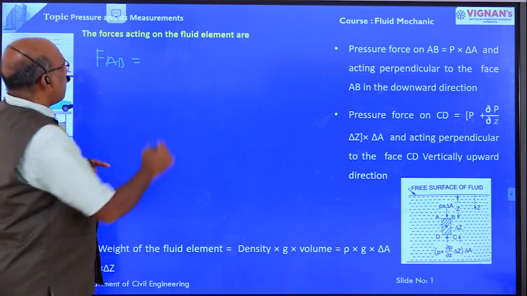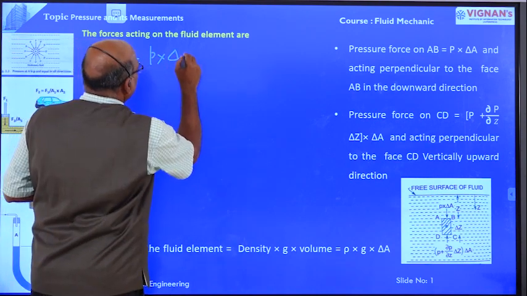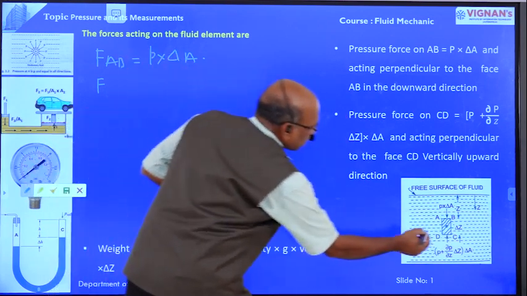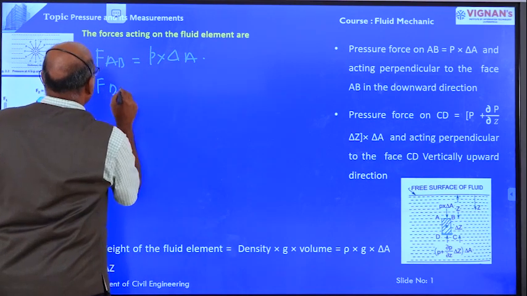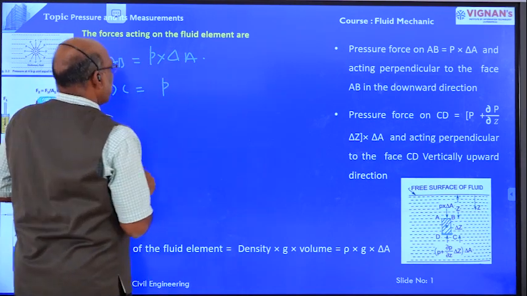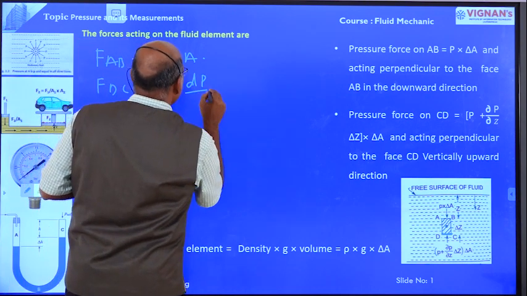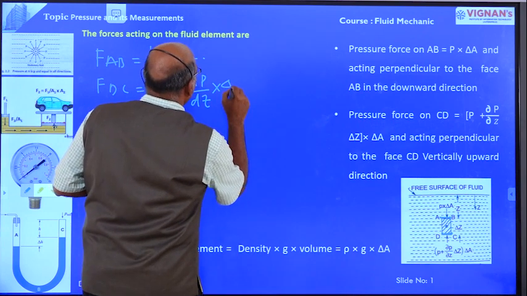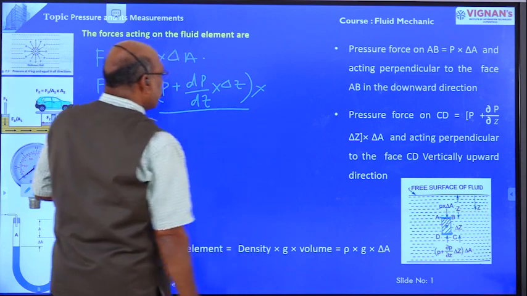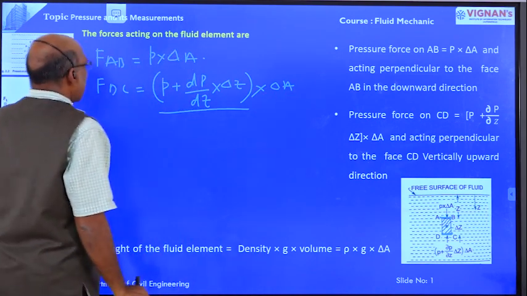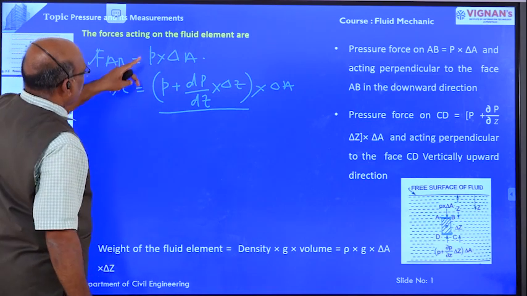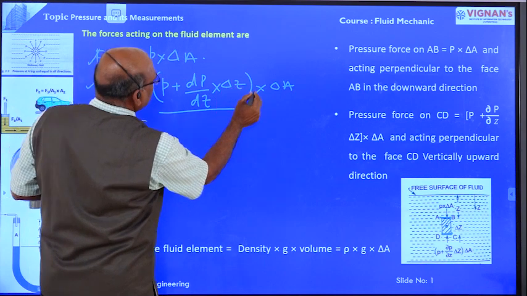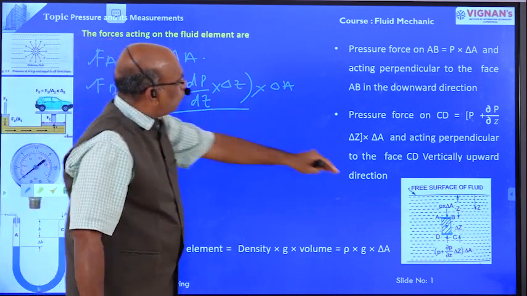The pressure intensity on face AB is small p into area delta A. Then force acting on face DC is equal to the pressure intensity on face AB plus the differentiation of pressure with respect to Z into the distance from face AB to face DC, that is delta Z, into the area delta A. So the force acting on face AB is P into delta A, and the force acting on face DC is P plus dP by dz into delta Z, into dA. Right? These are the forces acting on the fluid element.